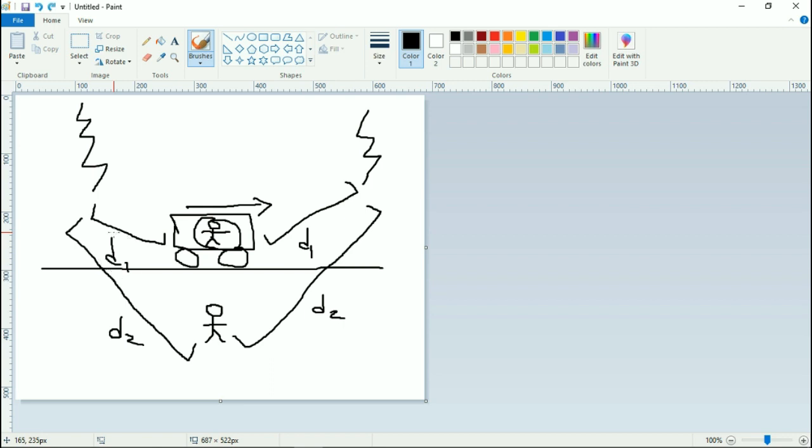So what this means is that if this person here sees the lightning strike at the same time, this person will not see that. This person will see that this lightning strike hit first, and then this one hits second.